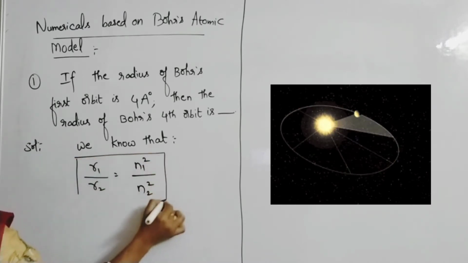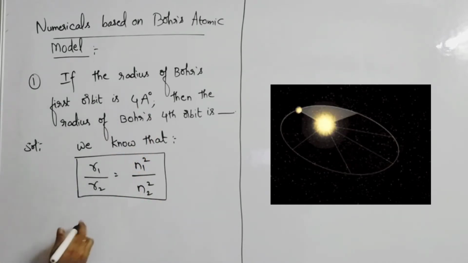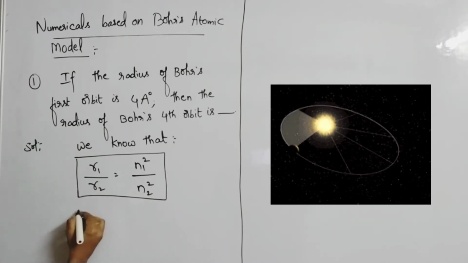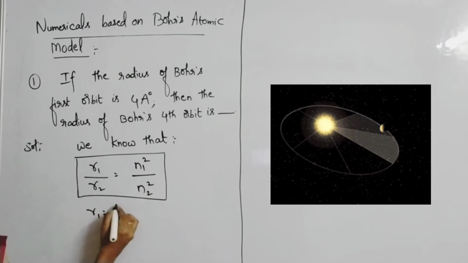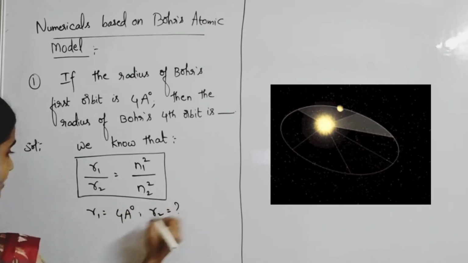Using this formula, you can find out the radius of Bohr's orbit. In the fourth orbit, how much is the radius? Here R1 is 4 angstroms, and R2 we should find out.